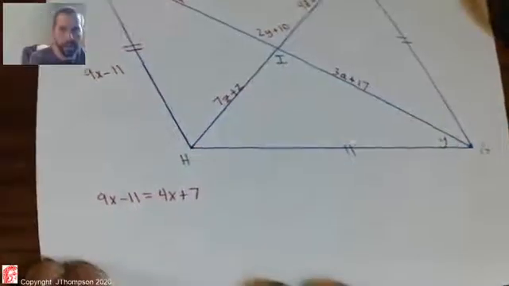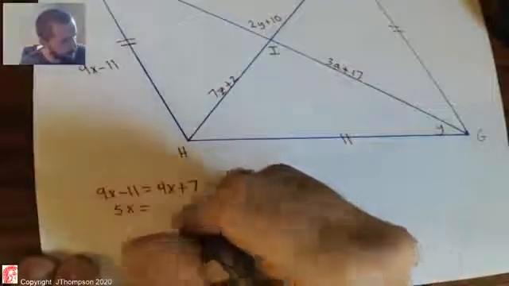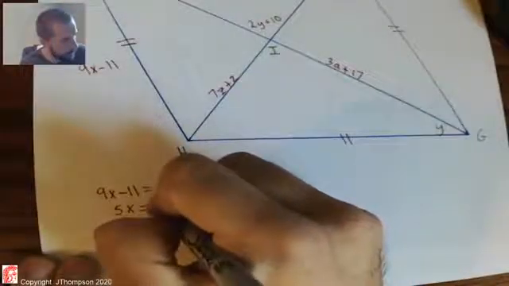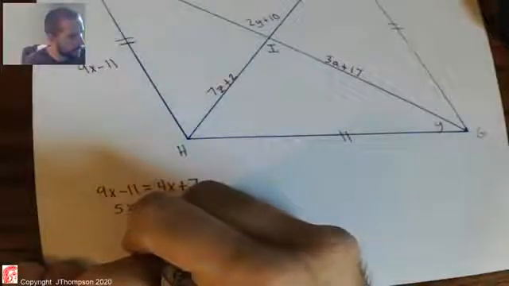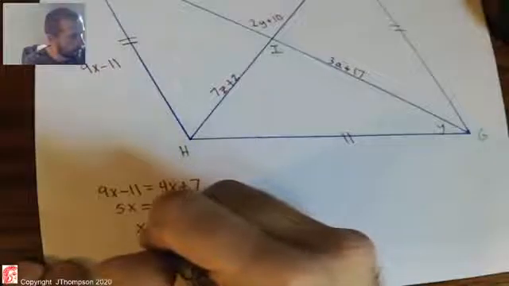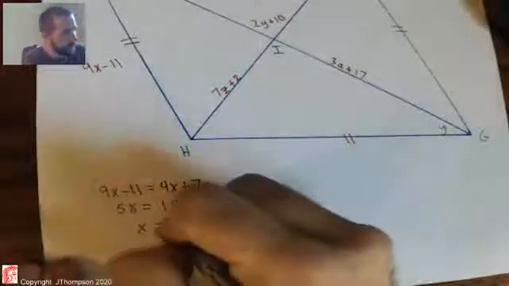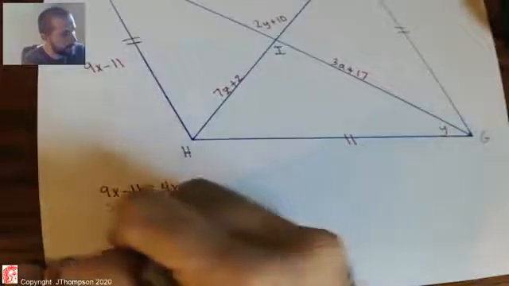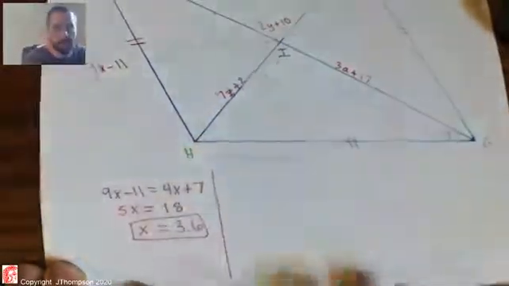And then you would just solve that equation as you normally do. And I get 3.6. All right, so that's how to solve for x.